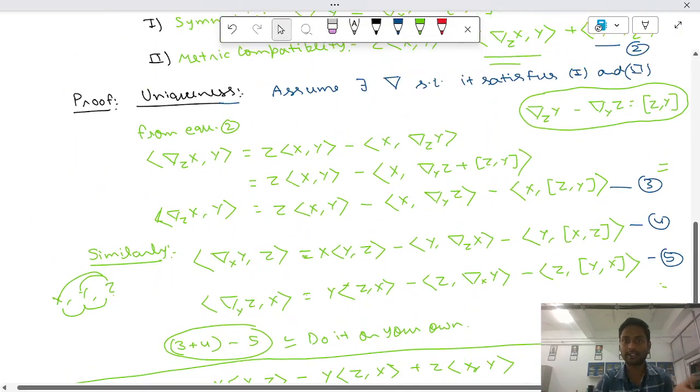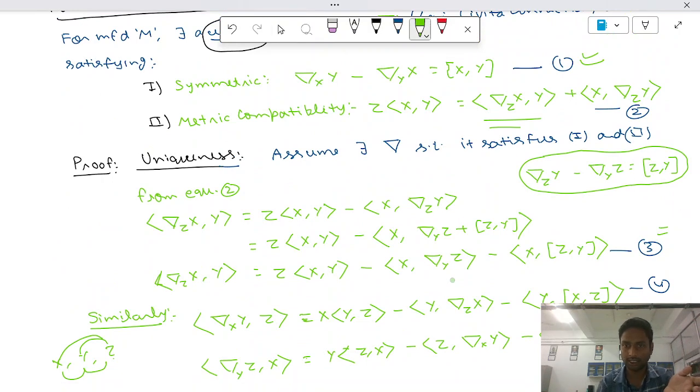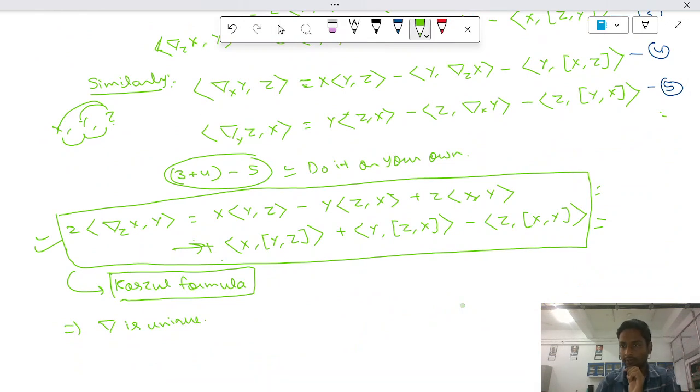Well, we have assumed a connection on our manifold, and the manifold is given with a metric. Once we have fixed our manifold and our metric, the only thing this formula mainly depends on is your metric. If you have fixed your metric, the connection is going to be a unique connection. The only way nabla is going to be different is if you change the metric.